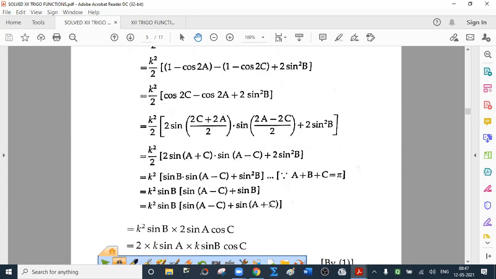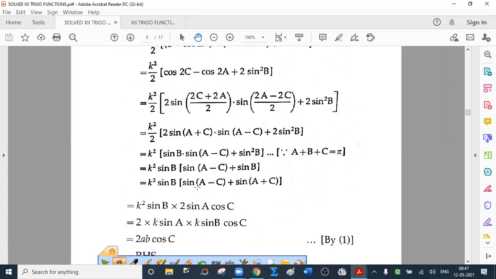Sine of A plus C. Same reason, angle B is pi minus (A plus C), sine of 180 minus theta is sine theta. Now you will notice that sine of A plus C plus sine of A minus C, this part, see the cursor, is expansion of what?